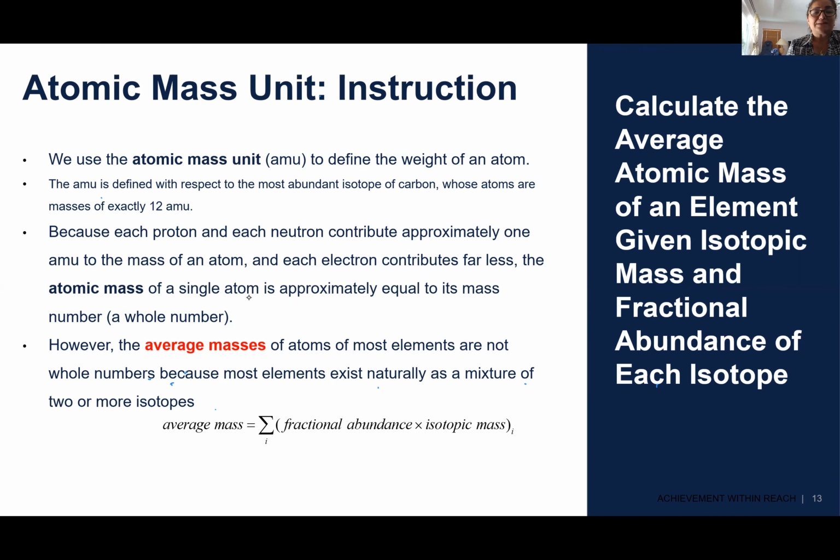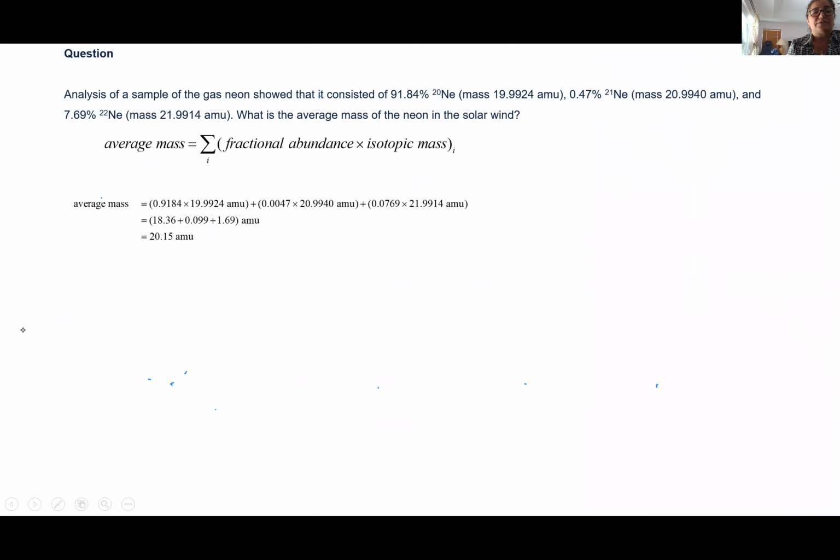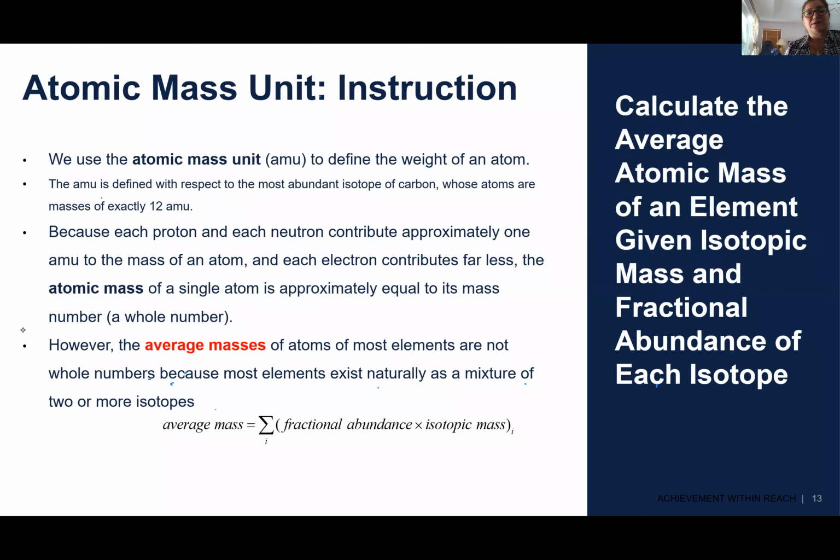So the atomic mass of a single atom is equal to the mass number of that atom. Okay. But when you look at the periodic table, you have some decimal places. So how do we get decimal places? Because when we say the mass number is the number of protons plus the number of neutrons, those are all whole numbers, and if you add two whole numbers, you should not get a decimal place.